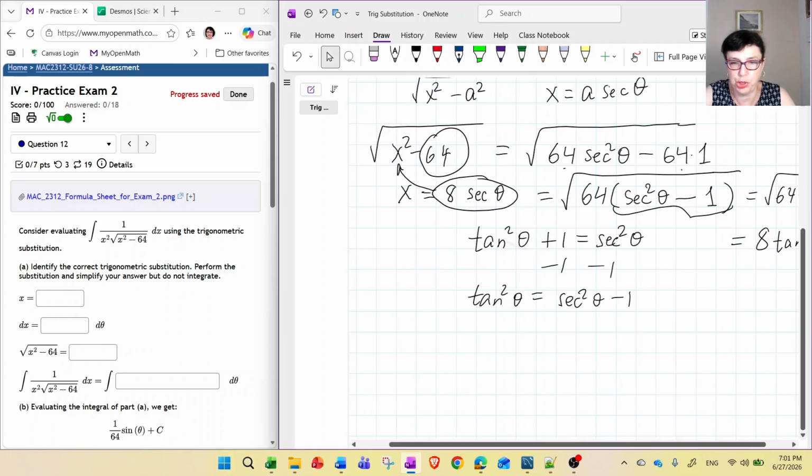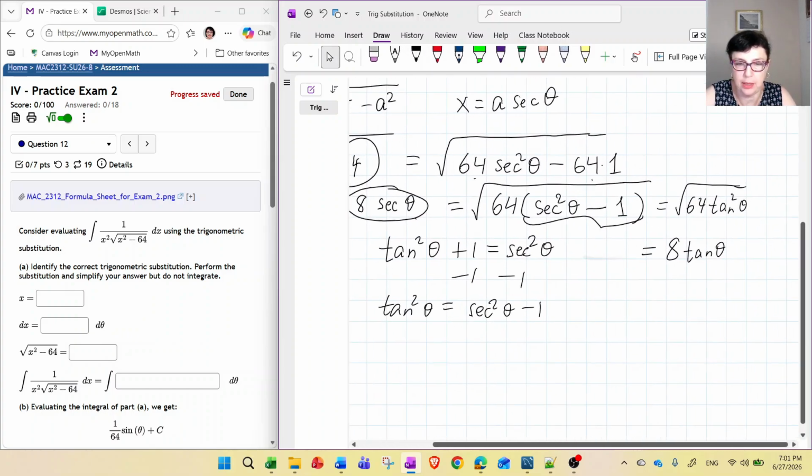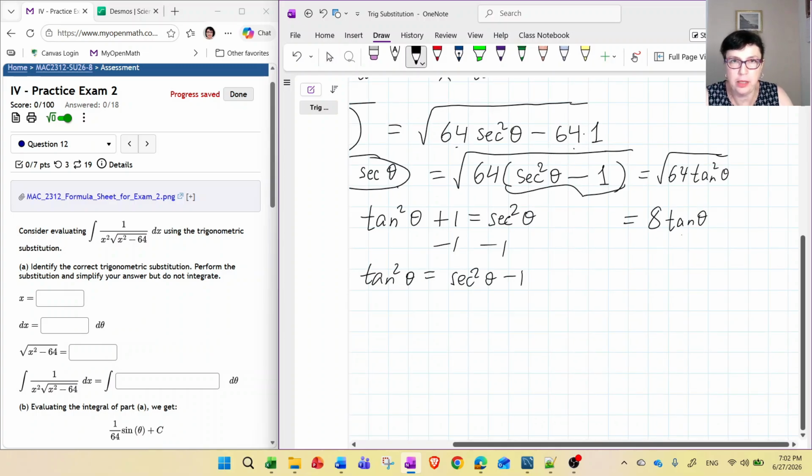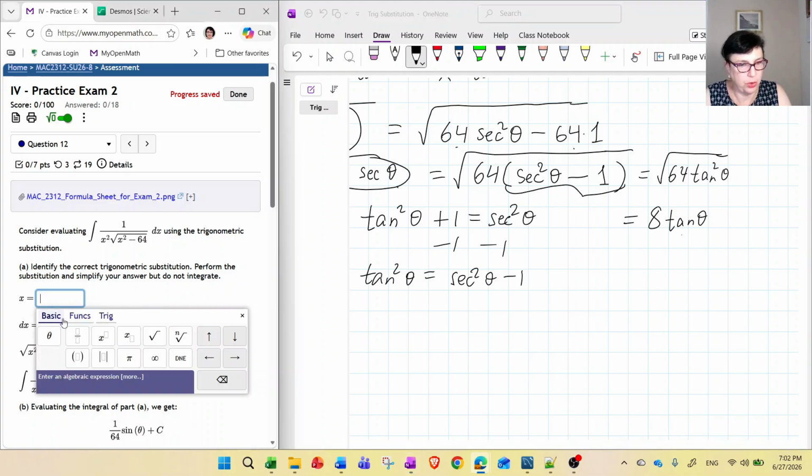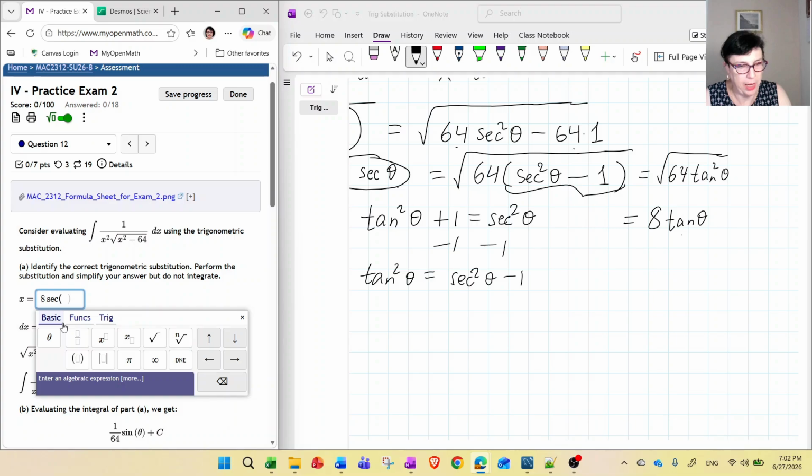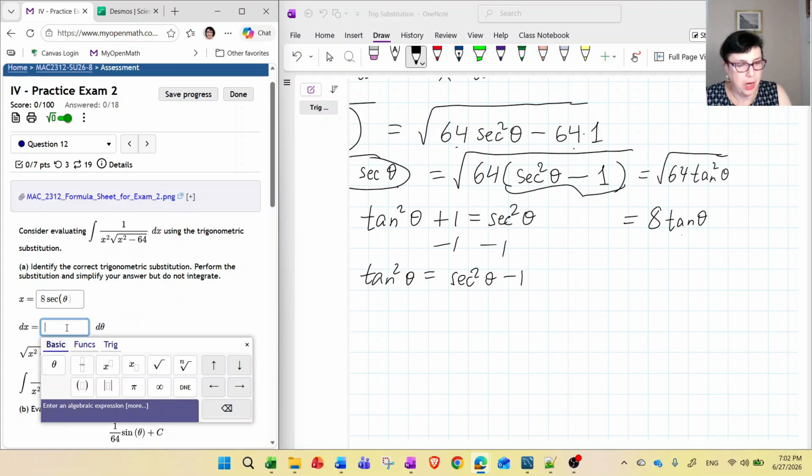And notice how you started with 8 secant theta, you plugged it into the root, and it gave you 8 tangent theta. So that's just to remember. Okay, so our substitution is 8 secant theta. Dx would be, okay, so derivative of secant is secant tangent, but 8 we keep. So this is going to be secant theta tangent theta, right?